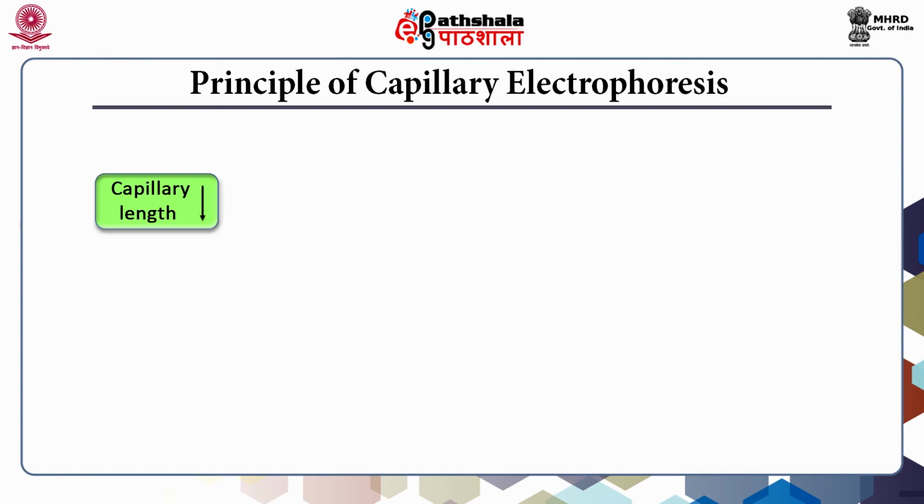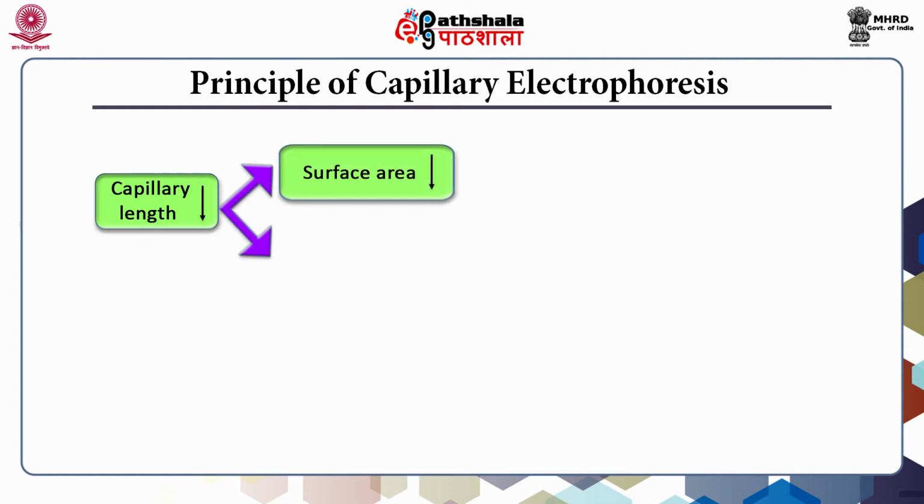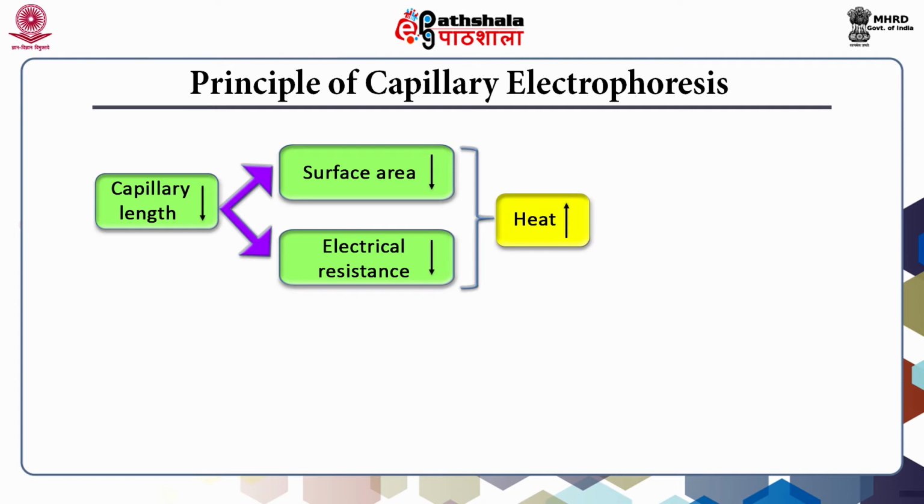Capillary length and applied voltage affect resolution. A lower capillary length will decrease surface area, which may fail to dissipate heat, and resolution will be affected. Reduction in capillary length will decrease electrical resistance, and as per Ohm's law, a decrease in resistance will increase current and ultimately heat.